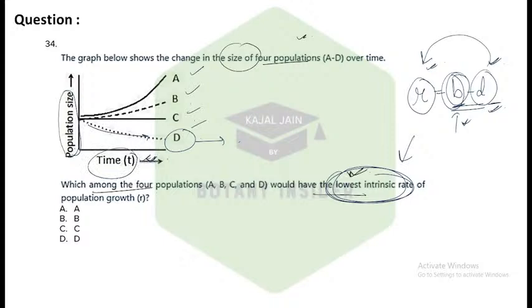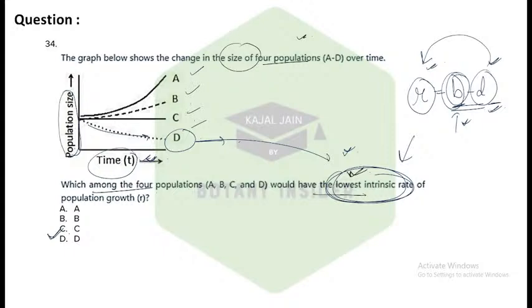That means there are fewer births as compared to deaths, and as a result the population size is decreasing. That means there is a lower intrinsic rate of the population, and hence the answer is option D, right? So two of you got the answer correct.